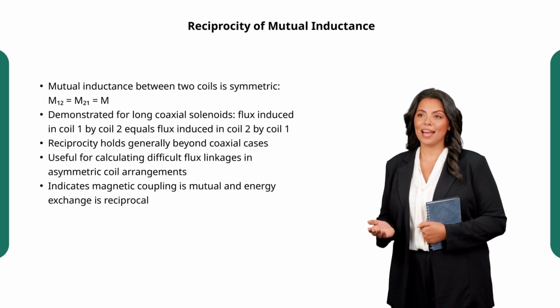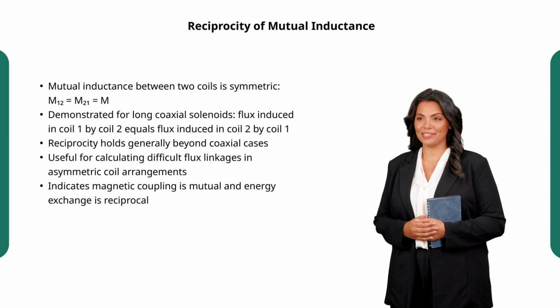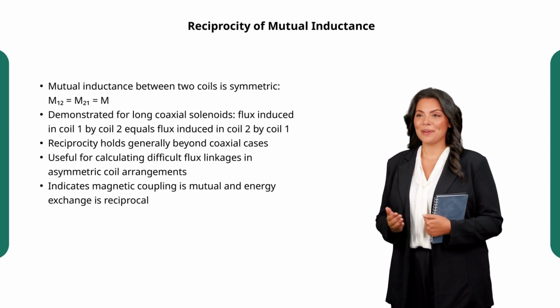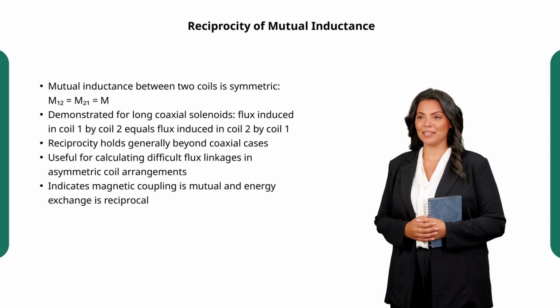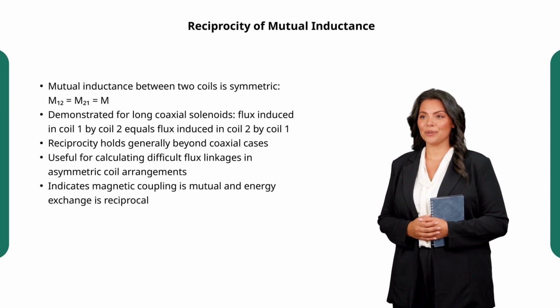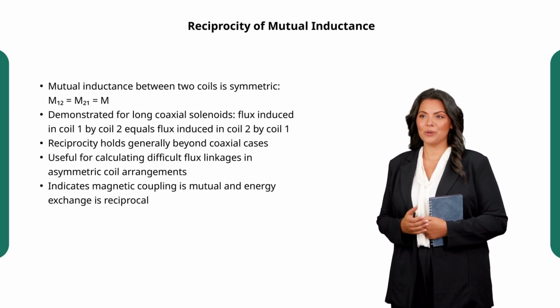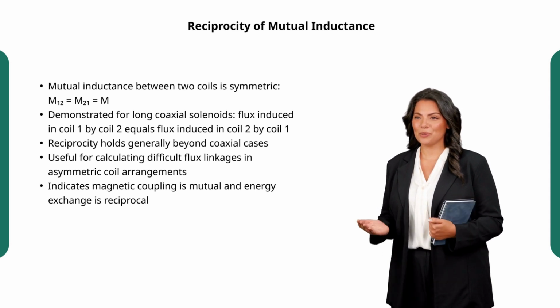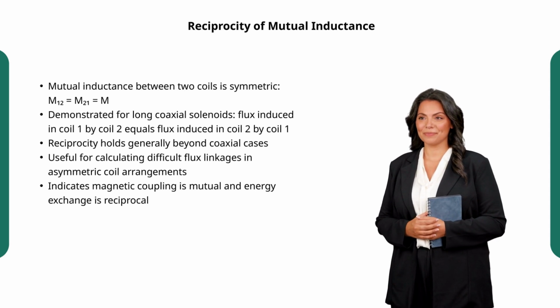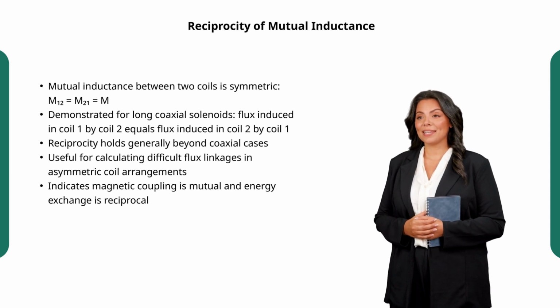An important and elegant property of mutual inductance is its reciprocity, meaning the mutual inductance M12 of coil 1 with respect to coil 2 equals M21, the mutual inductance of coil 2 with respect to coil 1. This symmetry can be mathematically demonstrated for the long coaxial solenoids we just discussed.